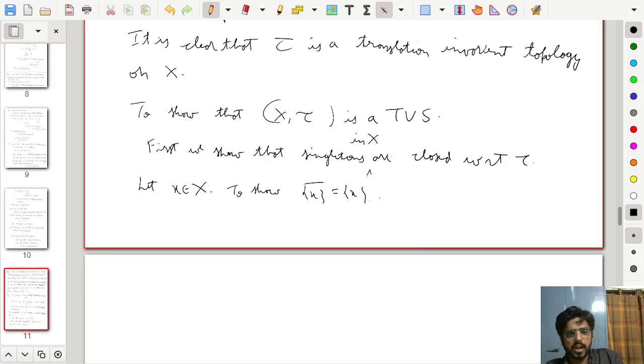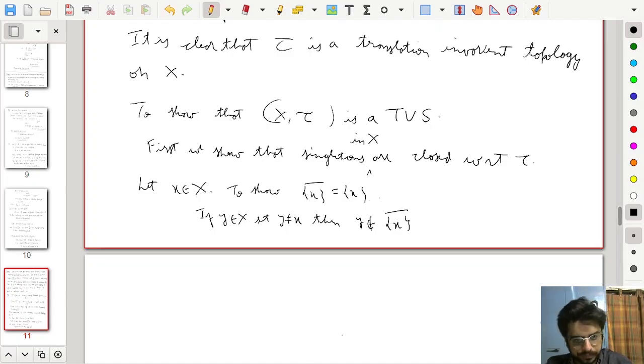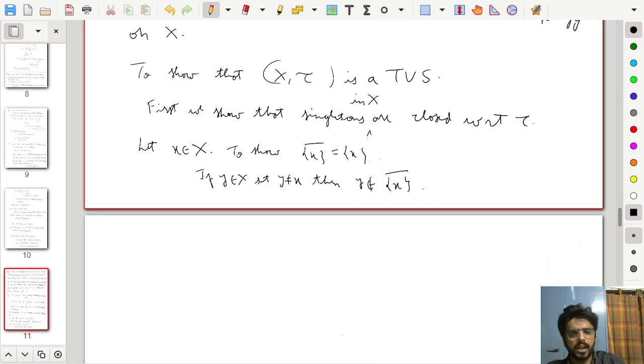So in other words, we have to show that if we take any y in X such that y is not equal to x, then this y doesn't belong to x closure. If we show this, then we are done, right? Then x closure will be equal to x.